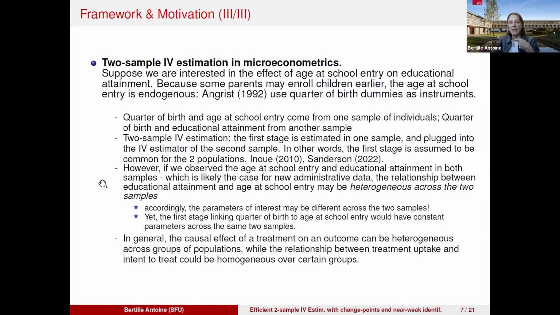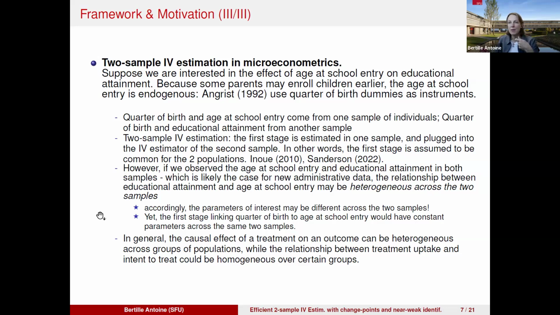And so if we observe the age at school entry and educational attainment in both samples, which is likely the case when we have access to new administrative data, then the relationship between educational attainment and age at school entry may be heterogeneous across the two samples. Accordingly, the parameter of interest may change across these two samples, right?